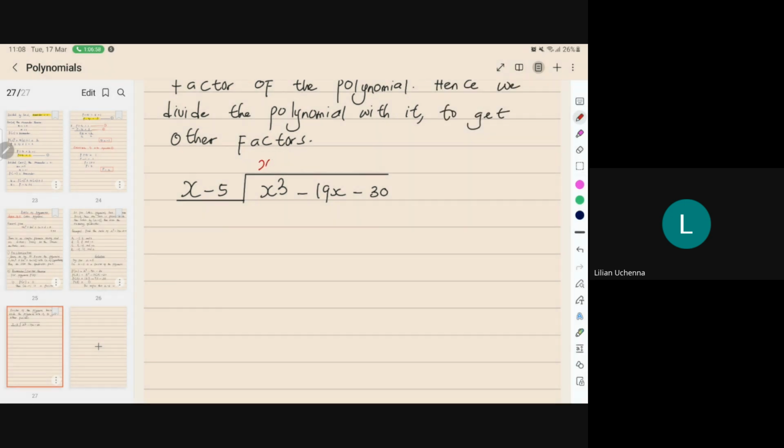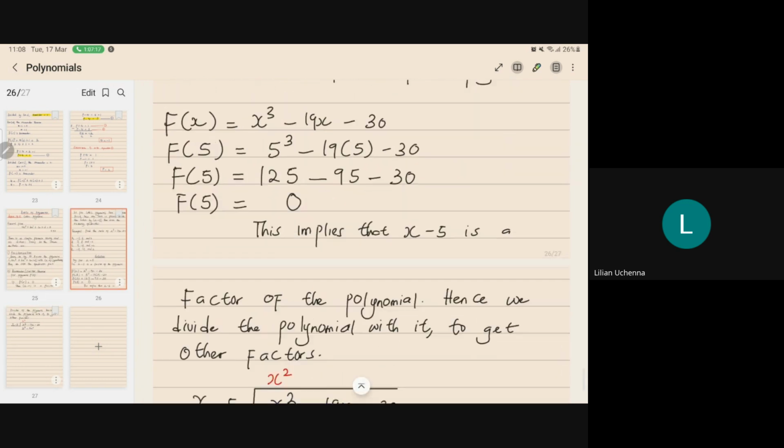So I have x squared right here. x squared times x gives us x cubed. Then x squared times minus 5 gives me minus 5x squared.